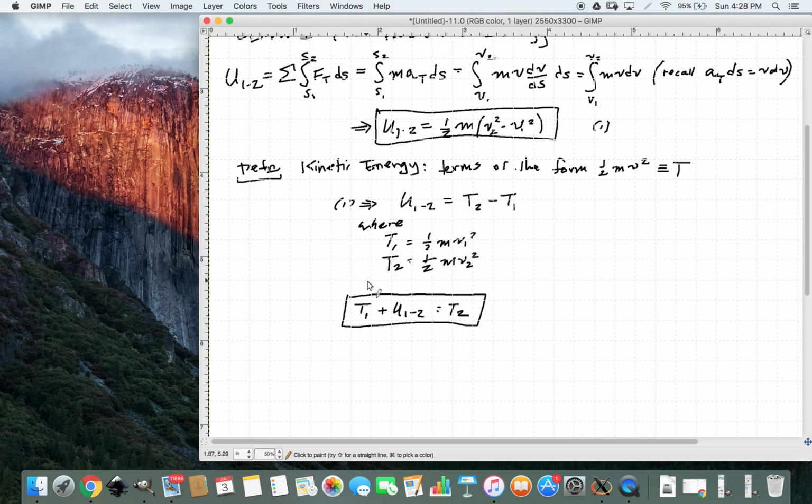And by the way, we've only considered one particle moving along its own path, but as a corollary, in preparation for things we'll do later, we can take this and extend it to multiple particles.